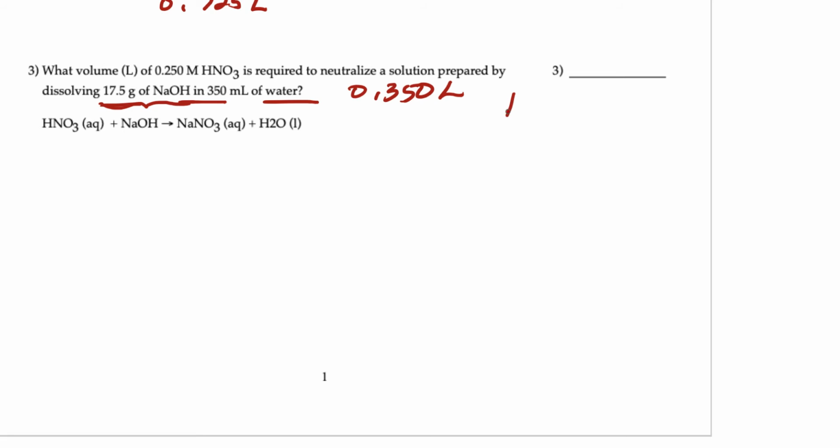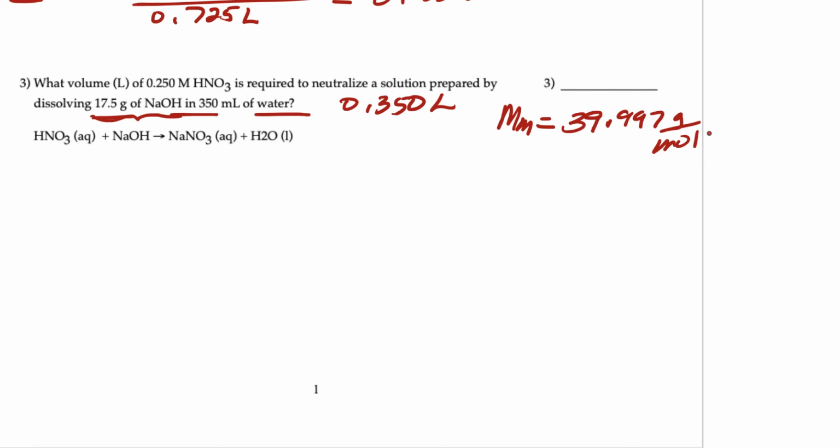So we have 17.5 grams of sodium hydroxide, and we'll divide that by its molar mass, 39.997 grams per mole.